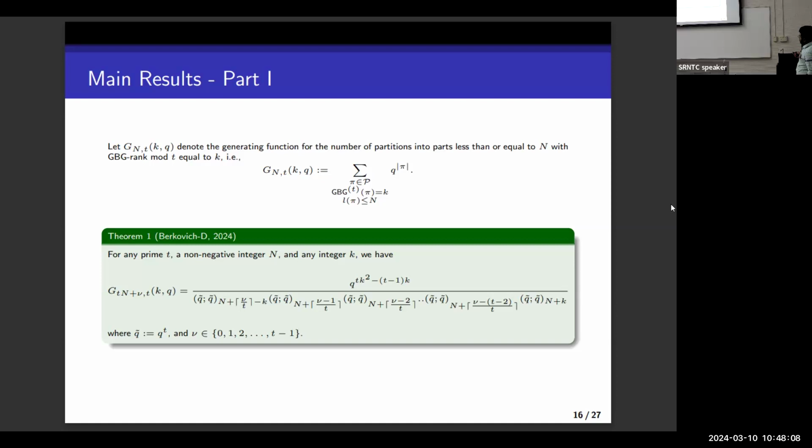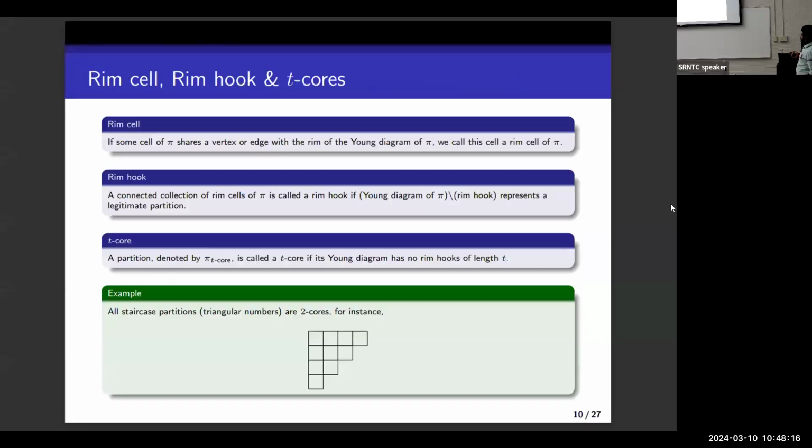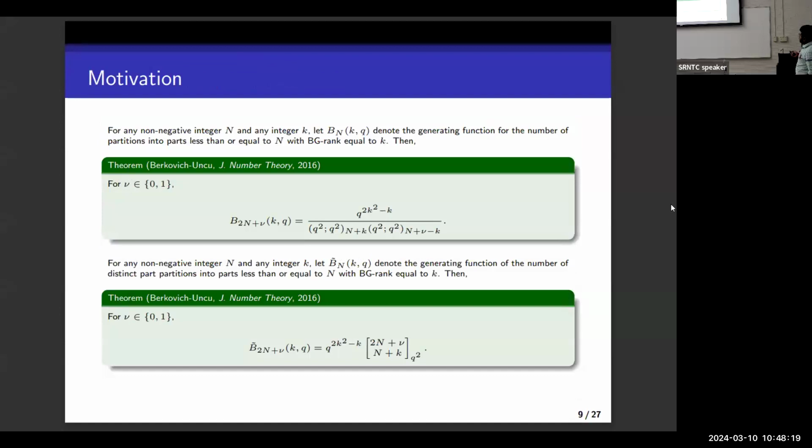And if you look at this carefully and set t equals 2, we get the first identity of Berkovich and Uncu. So here we had 2 q-Pochhammers in the denominator, and now we have t q-Pochhammers.